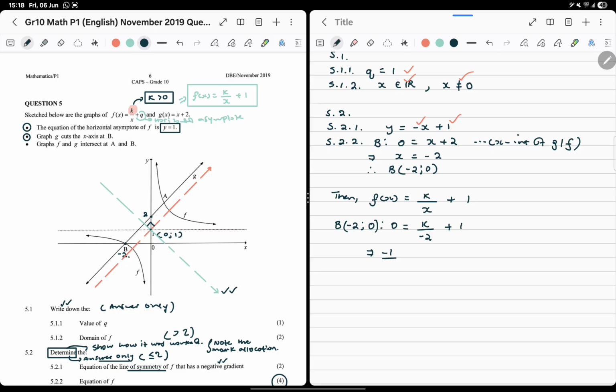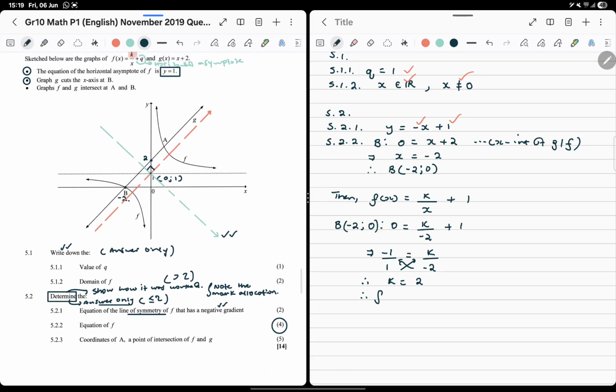This is minus 1 over 1 equals k divided by minus 2. Cross multiply here. We'll see that k is going to be 2, because minus 2 times minus 1 is just 2. And do you see, we expected k to be a positive value. Therefore, we write the full equation f of x is going to be 2 divided by x plus 1. Great.